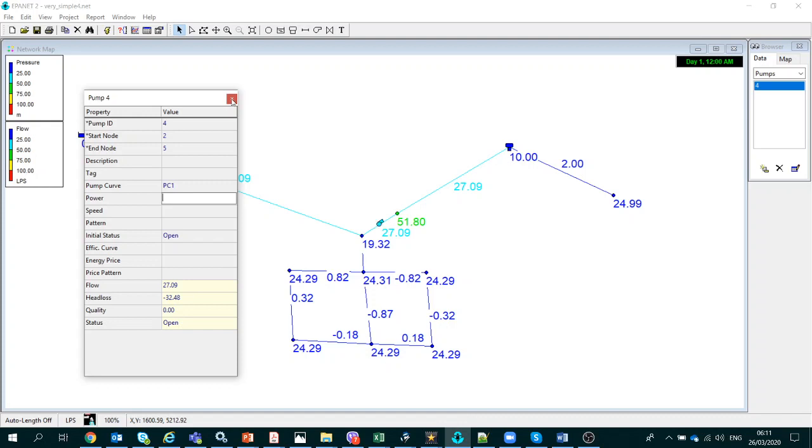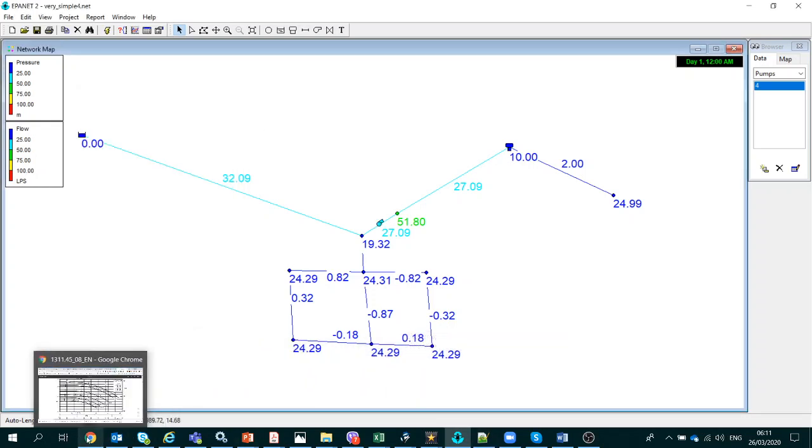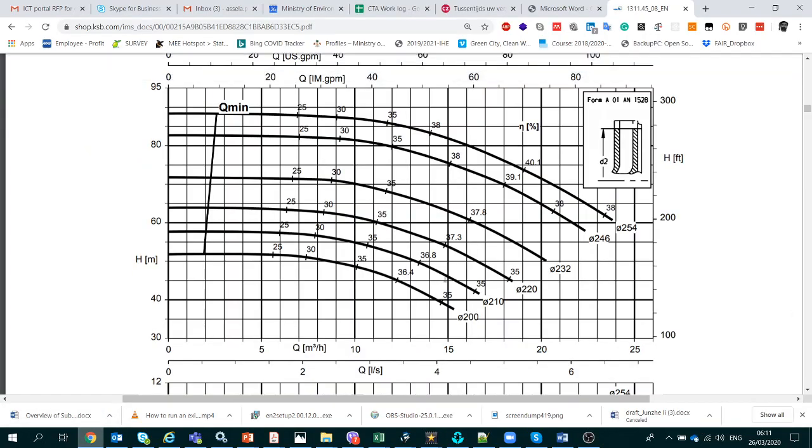But generally, manufacturers of pumps provide curves. This is an example from a pump manufacturer called KSB. Let me zoom in a little bit.